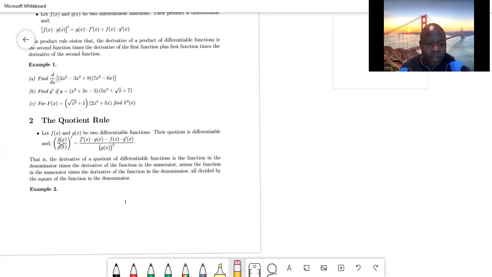You take the numerator, get its derivative, and then multiply by the denominator. You don't differentiate the denominator at this point. Then minus, now differentiate the denominator and multiply by the numerator. Then the whole thing is over the denominator squared. Let's look at two examples or three.